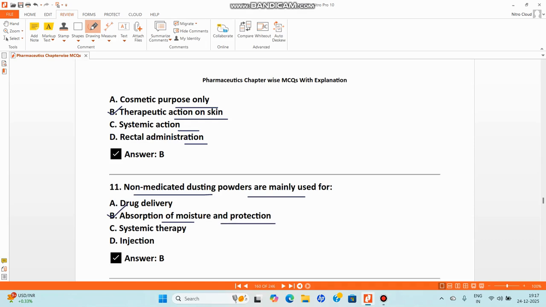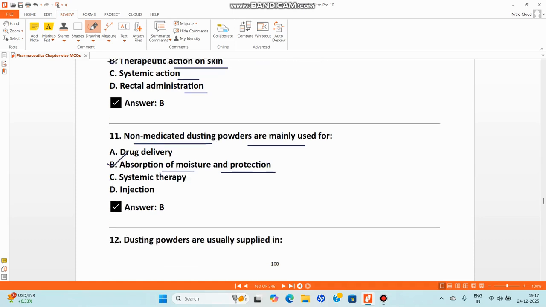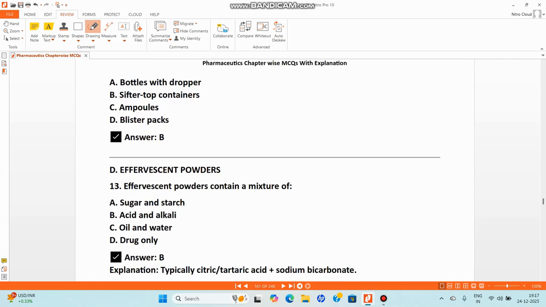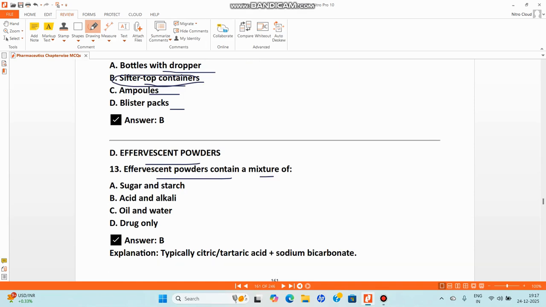This is non-medicated. Okay, mainly use করা হয় non-medical purpose. Okay, dusting powder is usually supplied in a bottle, dropper, sifter cup containers, ampoules, or blister pack. So the answer will be B. And then effervescent powder. Effervescent powder contains a mixture of B, acid and alkali.